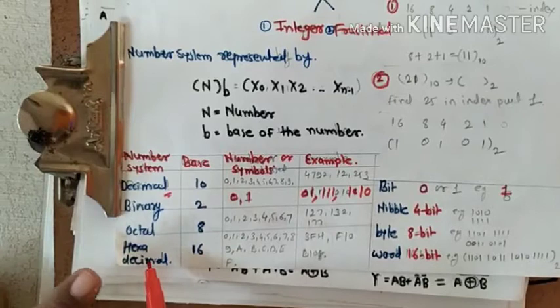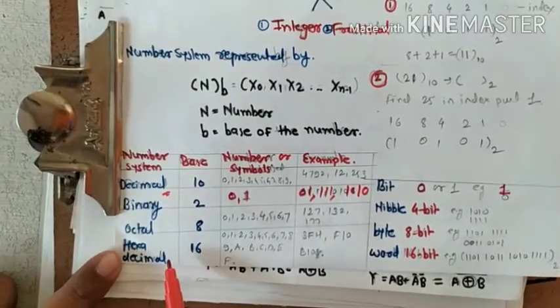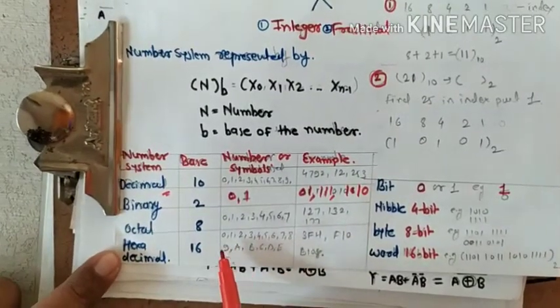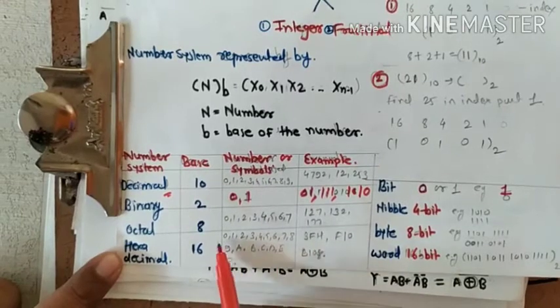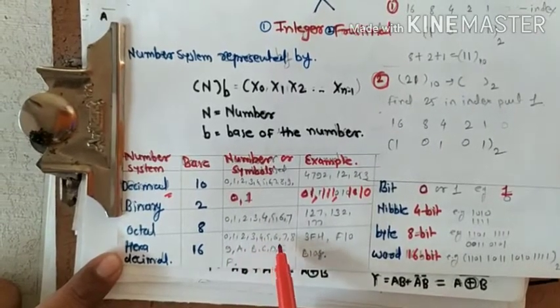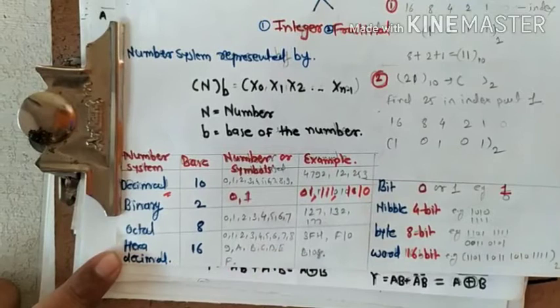The last one is hexadecimal. Hexa means 16. So this number system uses 0 to 9, that is 0, 1, 2, 3, 4, 5, 6, 7, 8 and 9.